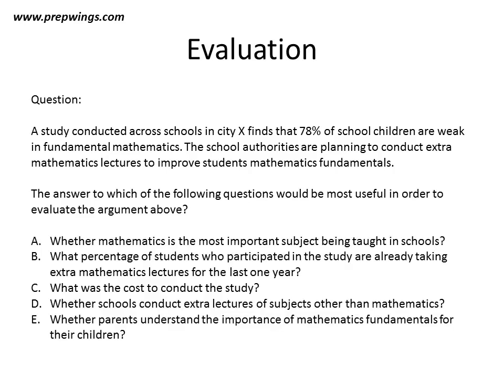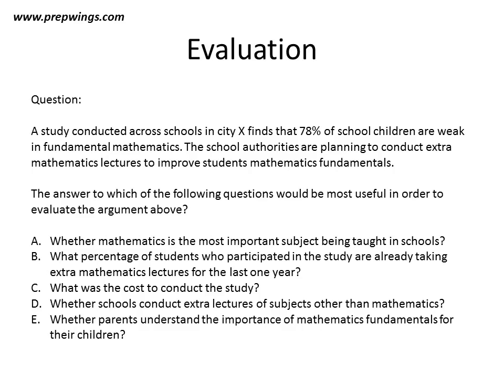So the options are given to us. The first option says whether mathematics is the most important subject being taught in schools. The second option says what percentage of students who participated in the study are already taking extra mathematics lectures for the last 1 year. The third option says what was the cost to conduct the study.